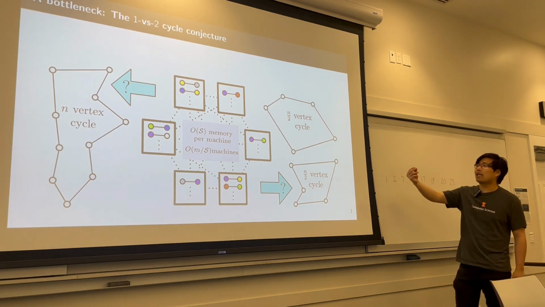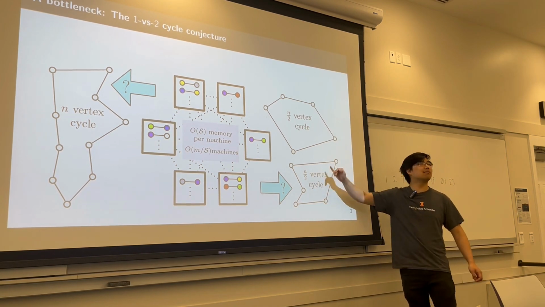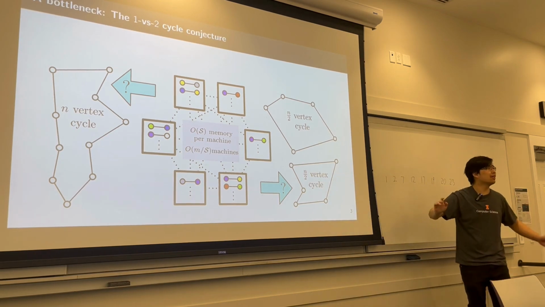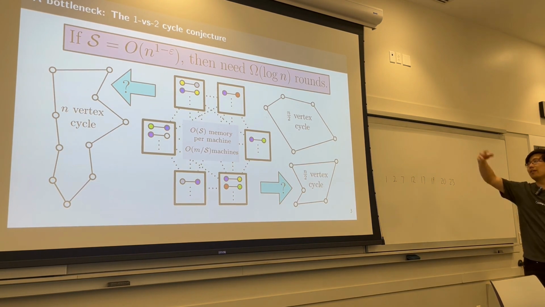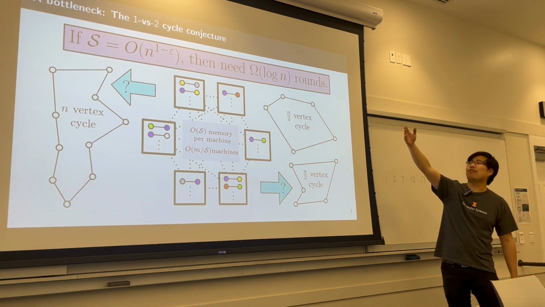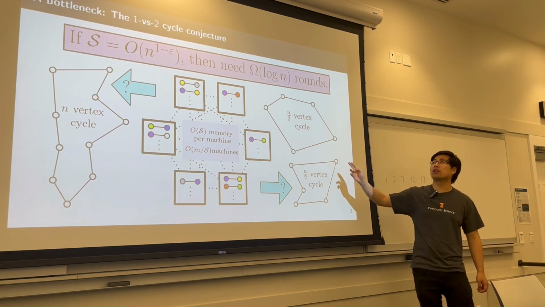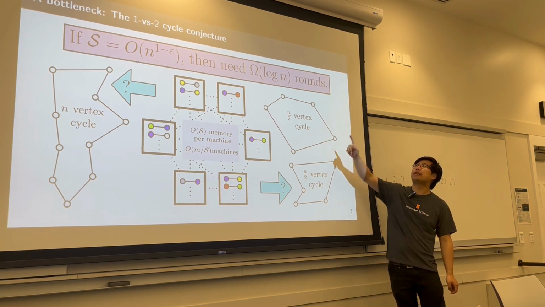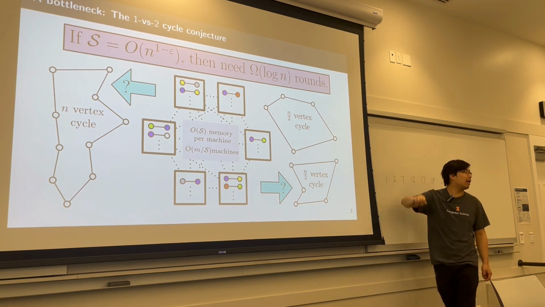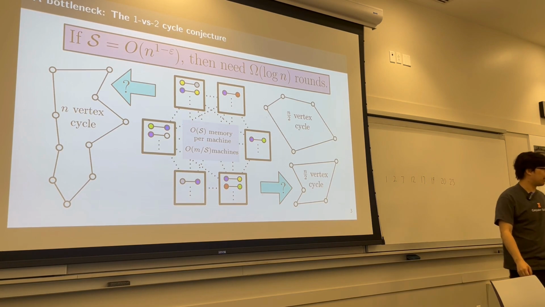If you only look at very local bits of information, all the vertices just have degree 2, right? So there's this conjecture that if you have sublinear memory, sublinear in the number of vertices, and I guess edges in this case, you will need to use order log n many rounds. And of course, there is an algorithm that matches that.